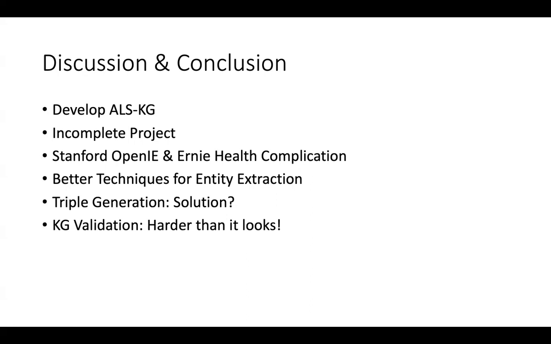Now, of course, we discussed trying to create an ensemble method with two models, the Ernie Health and Stanford OpenIE. But I personally believe that to create an effective model of such sort, probably the best thing to do would be to include or at least train a dedicated model only on ALS data.